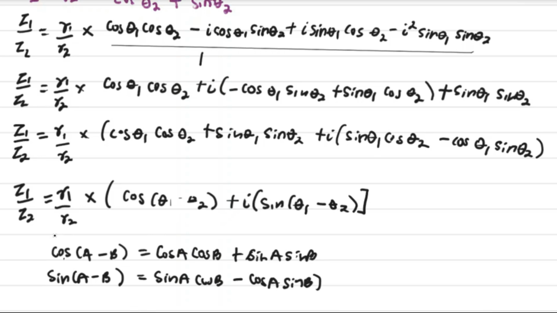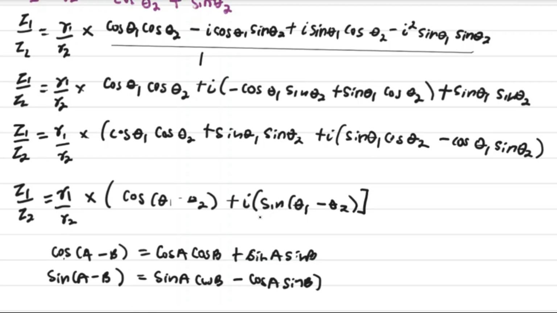So it means that the general representation for division of two complex numbers in their polar form, Z1 over Z2, is going to give us R1 over R2, open brackets, cos theta 1 minus theta 2 plus i sine theta 1 minus theta 2.